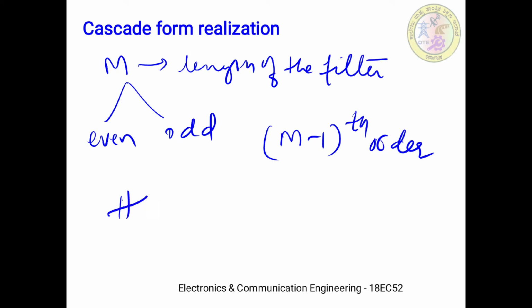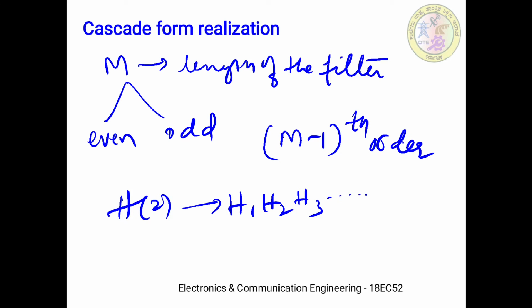That is, H of z can be factored into the second order factors H1, H2, H3 like this. How long it will go depends on whether M is even or odd.